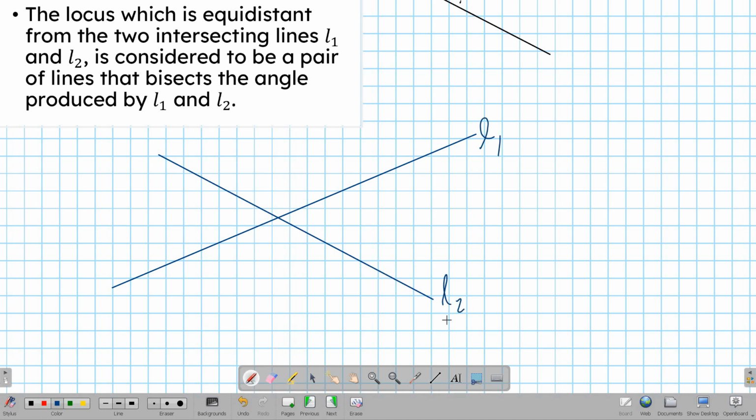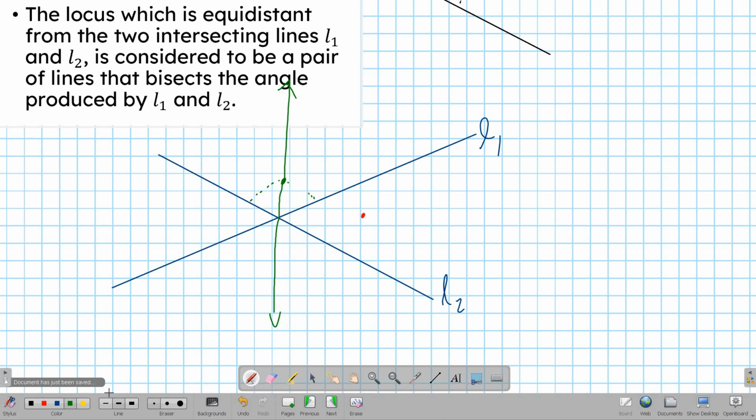L1, L2. Kung merong point which is equidistant from the two intersecting lines, so pwedeng ito yung isa, this green point here, isa naman, this red point here. So, if this green point here is equidistant dito, wala naman na ibang pupuntahan kundi either pababa or pataas.